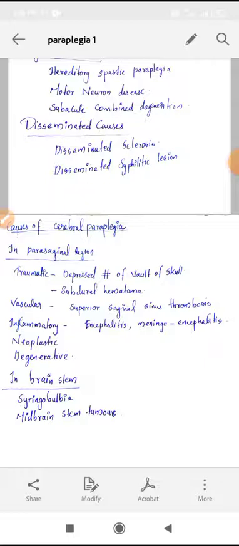In the brainstem, it can be due to syringobulbia or midbrain and brainstem tumors. So these are some of the most common causes of paraplegia.